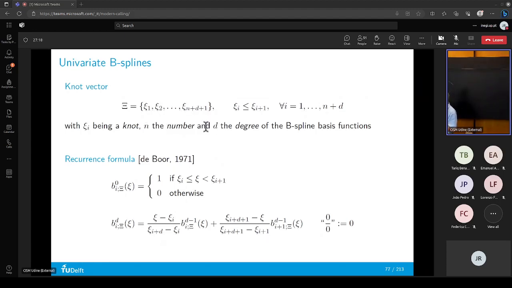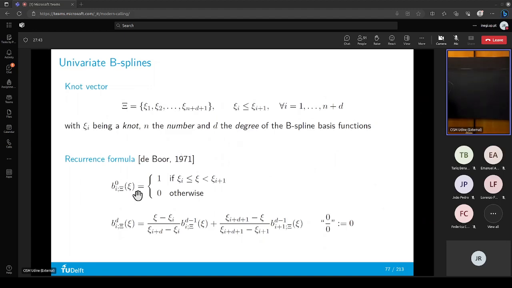A general rule is, the number of knots must be the number of basis functions you want to create plus the order or the degree, 1, 2, 3, etc., plus 1. You can also have repeated knots. I come to that, but they must be non-decreasing. They don't have to be strictly increasing, but non-decreasing.